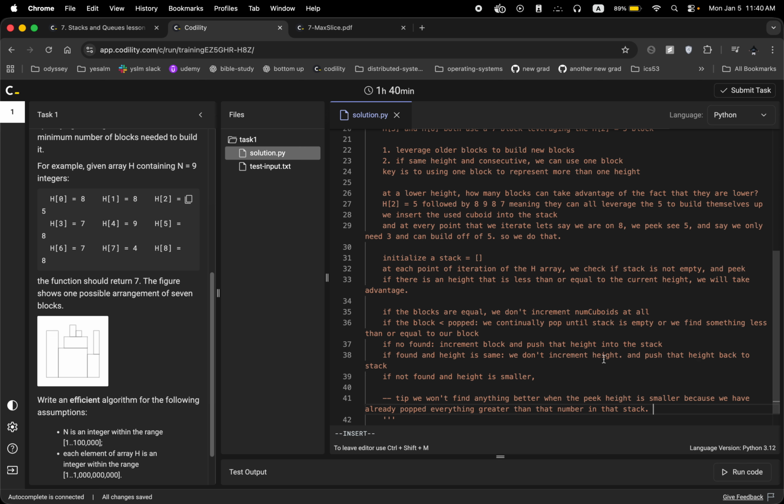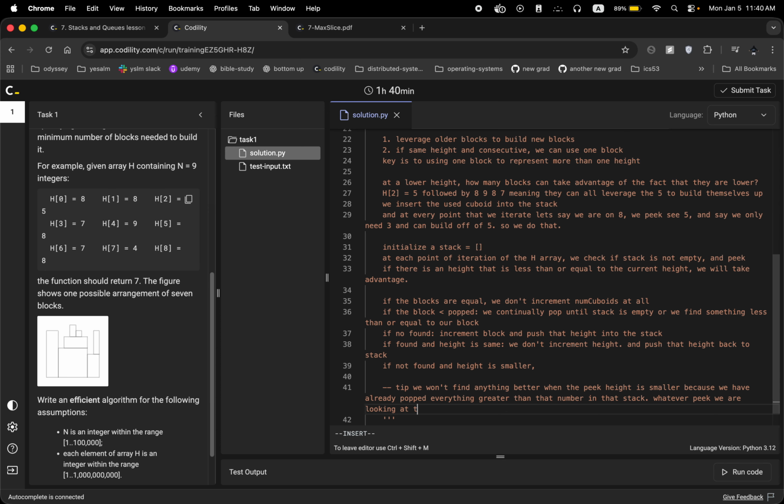We have already popped everything greater than that number in that stack. So whatever peak we're looking at is the maximum number at all times. So the stack numbers don't get greater. They don't increase.